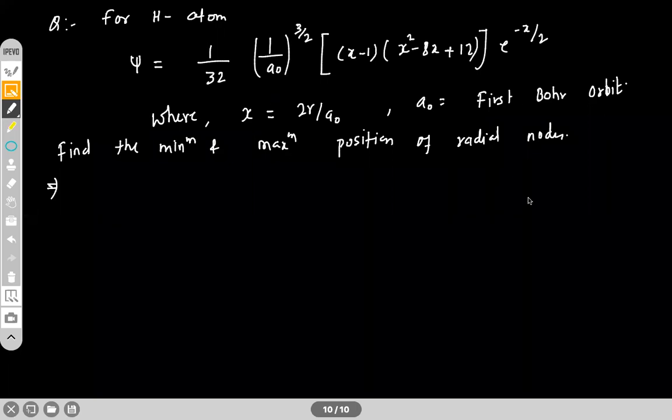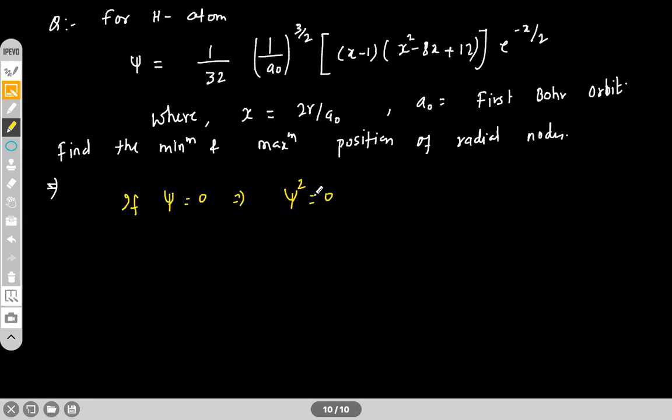See, what is psi? It is a wave function, correct? What is psi square? The probability density function, correct? If psi is zero, can we say psi square is zero?